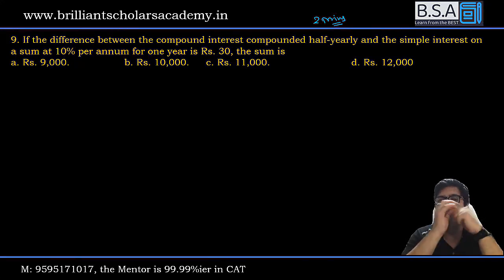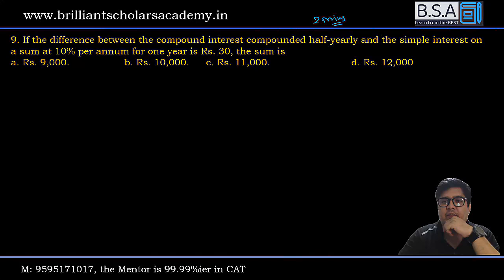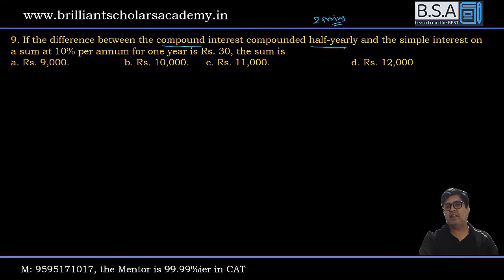The difference between compound interest compounded half yearly and simple interest per annum at 10% for 1 year is rupees 30. Find the sum. When you talk about compound interest and when you say half yearly, the annual rate for 12 months is 10%.